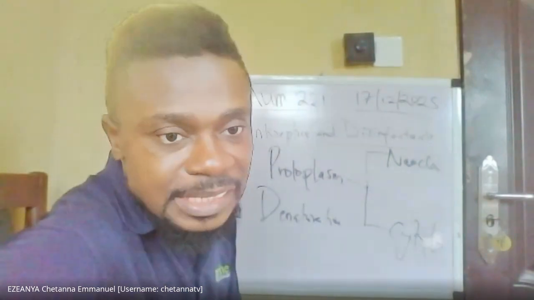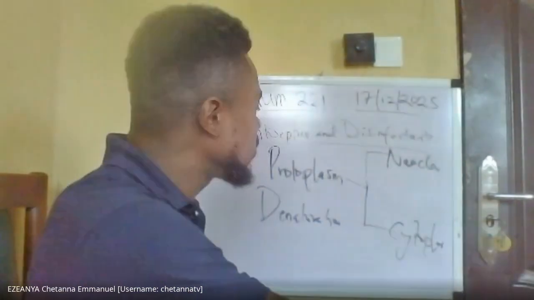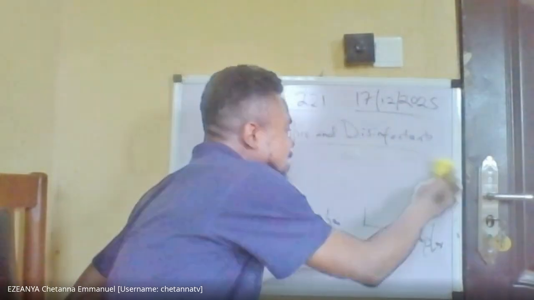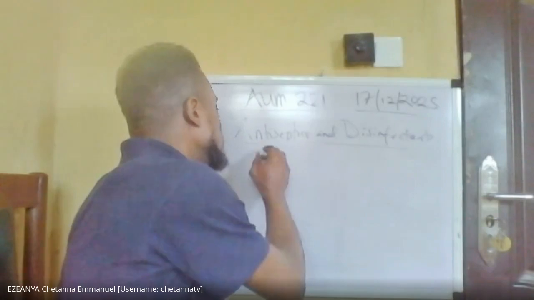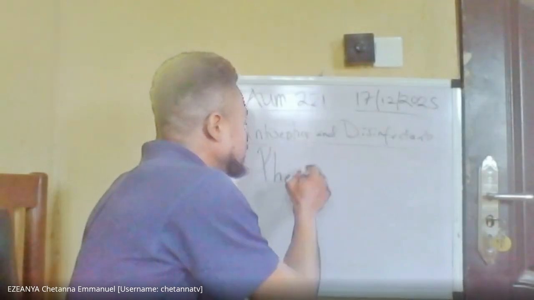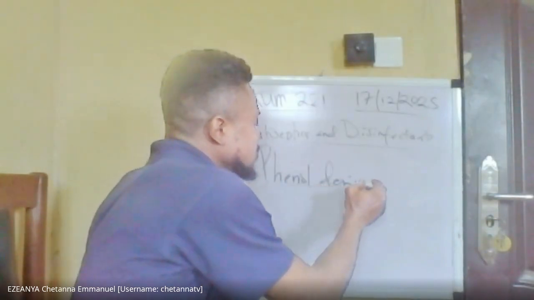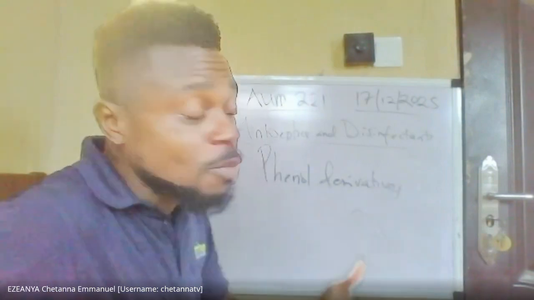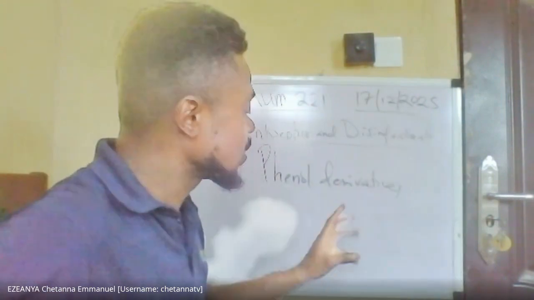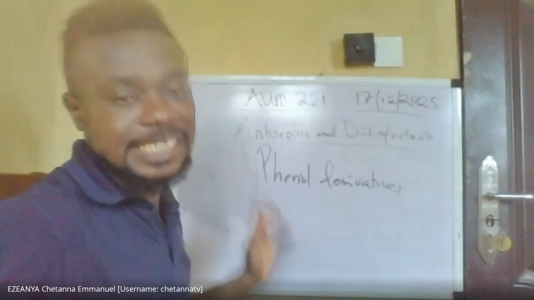Now, the first class I want us to look at is phenol and its derivatives. So let me just simply say phenol derivatives. It means phenols and some other agents that are synthesized from phenol.